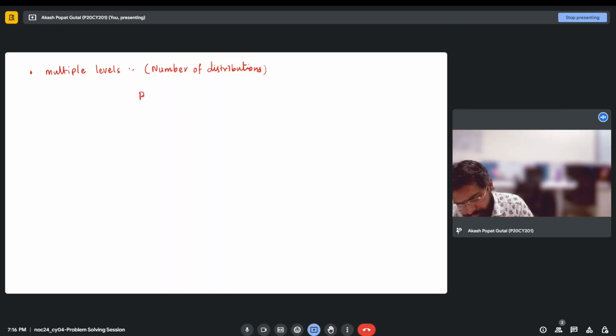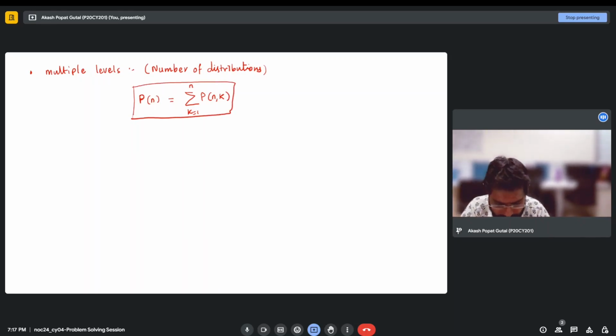This is a problem of partitioning of the n particles in r levels, which can be given as the sum over k equal to 1 to n of p(n, k), where p is the partition at kth for n particles for a given total number of r.